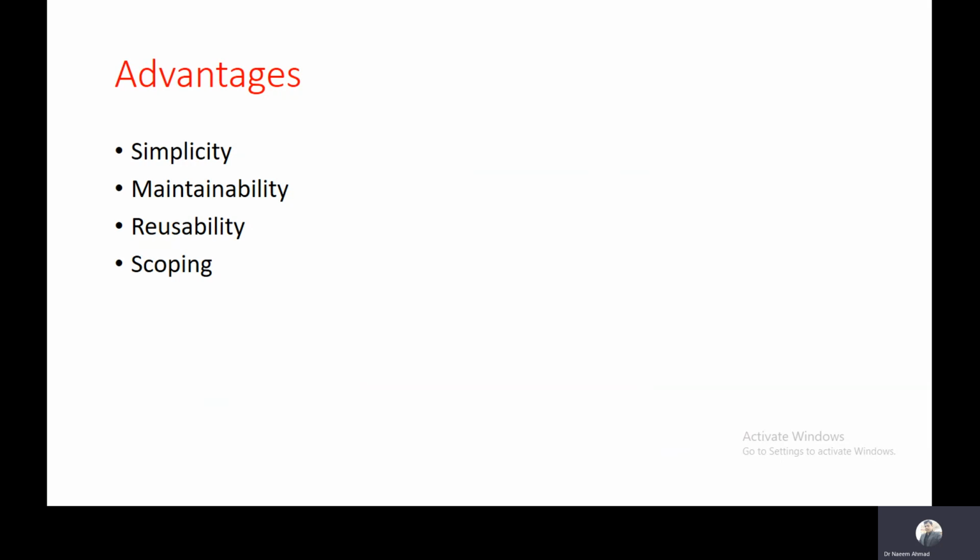Scoping means the namespace. We create a different scope for different modules. So if we use a variable or function name in one particular module, the same name we can also use in another module.